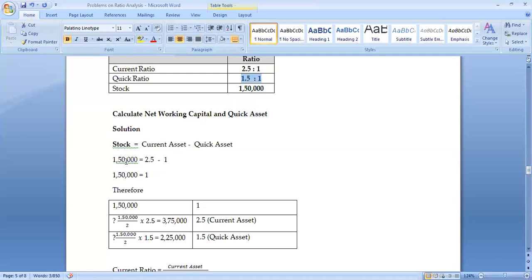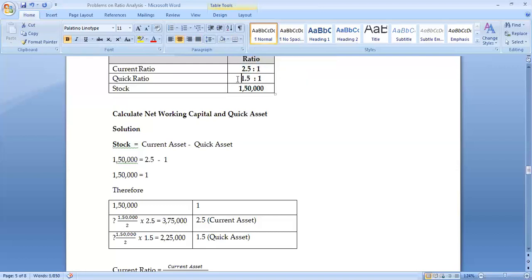Stock 1,50,000 is equal to current assets minus quick assets. Current ratio formula is what? Current assets divided by current liability, which means 2.5 moves on for the current assets and 1 takes the value of the current liability. Clear?